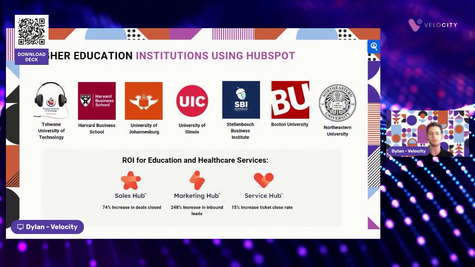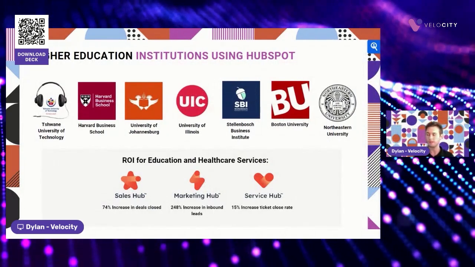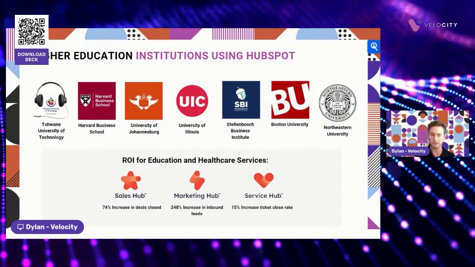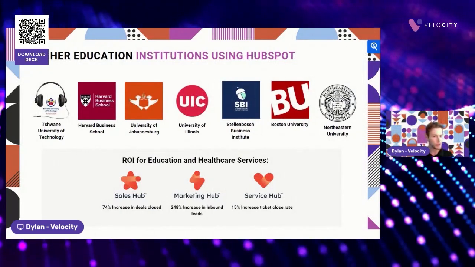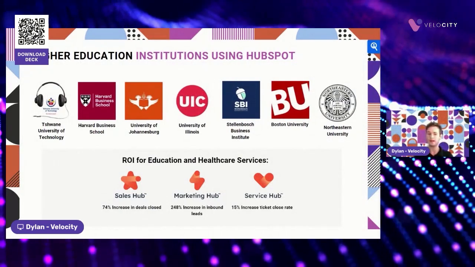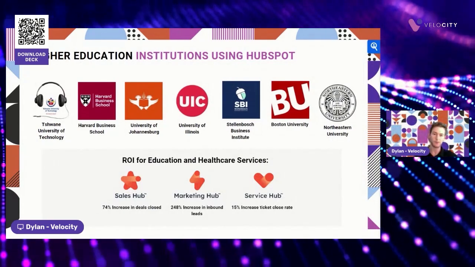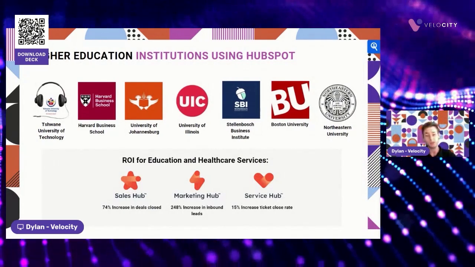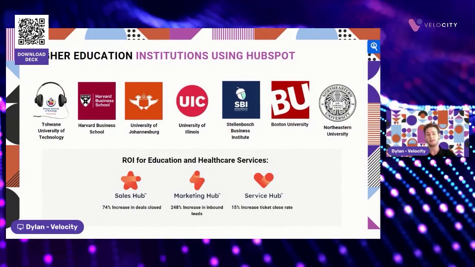This adoption is not just about implementing a new software system. It's about embracing a holistic approach to attract, engage, and delight students and staff. By leveraging HubSpot's platform, institutions have been able to centralize their student data, automate communications, and provide that personalized experience at scale.